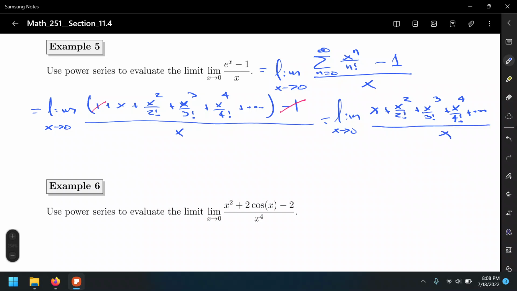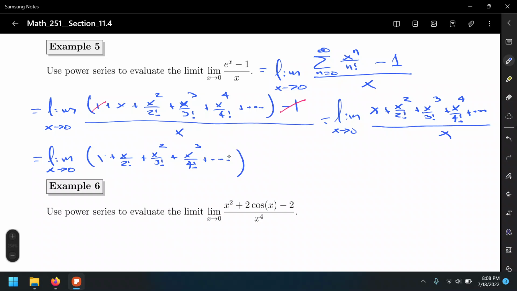Now in this case we can divide every term in the numerator by x, and that's going to leave us with the limit as x approaches 0 of x over x, which is 1, plus x squared over x, which is x over 2 factorial, plus x squared over 3 factorial plus x cubed over 4 factorial plus dot dot dot.